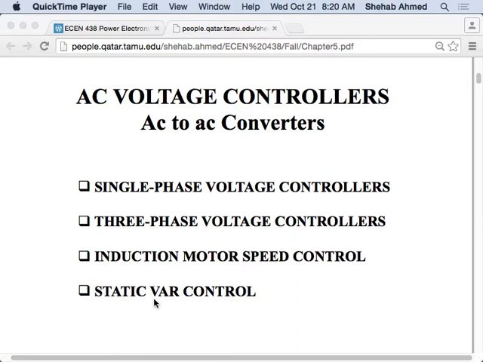You can live with it for small size capacitors, very distributed, etc. But let's say you're at a big industrial facility like Rasgas or Qatar Steel or whatever, right? And you have these capacitor banks. If you're going to be switching them on and off, because you don't want to put too much capacitance at some point and then operate in a leading power factor, right? You want to make sure you're always lagging.